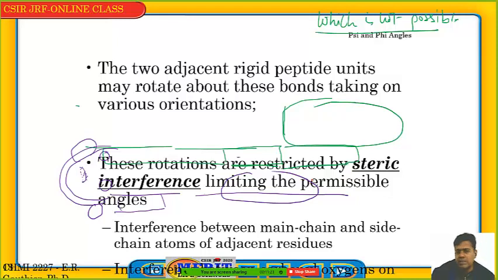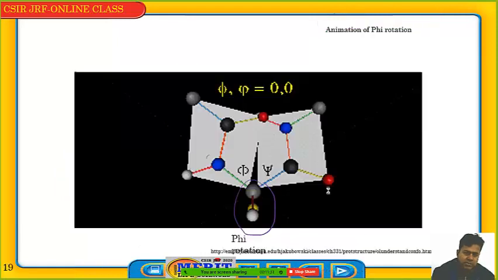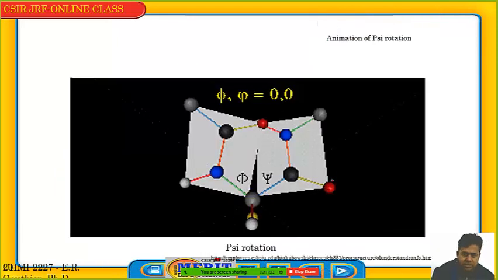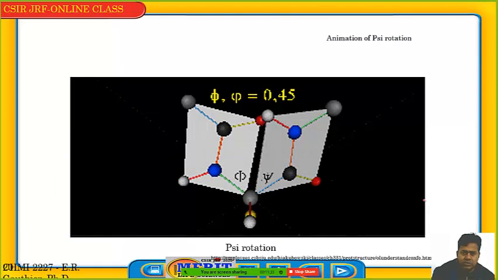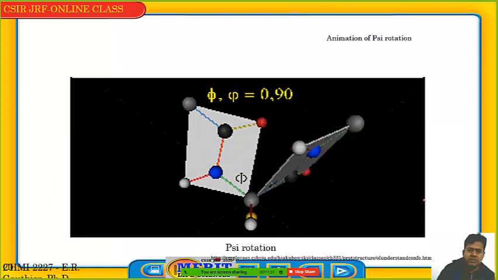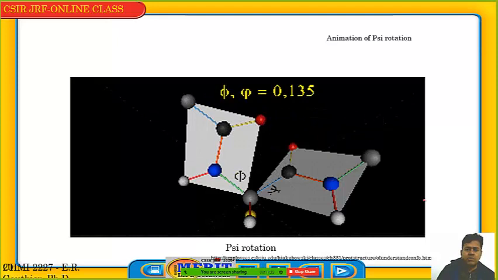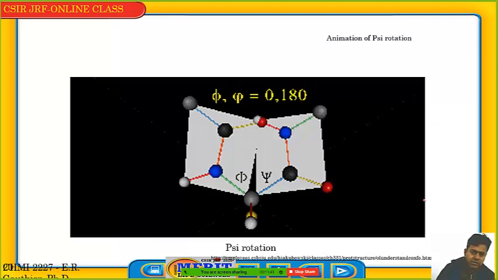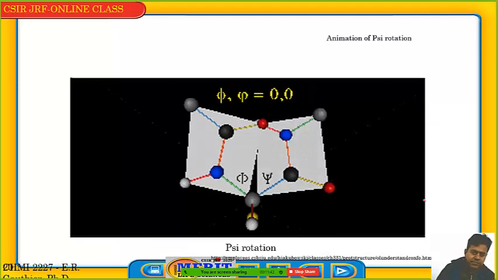So it predicts the permissible angles between the two adjacent rigid peptide units which are moving with respect to each other, right? You can see this animation, a beautiful animation, and you can see also the bond between phi and psi.